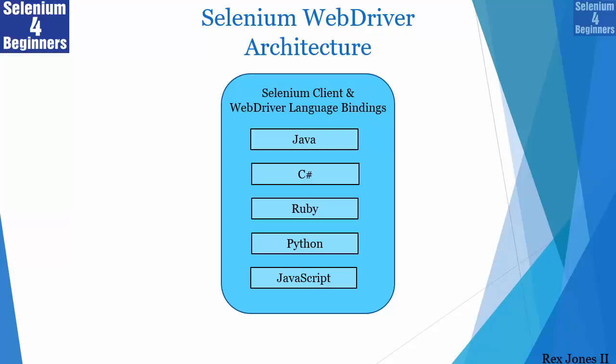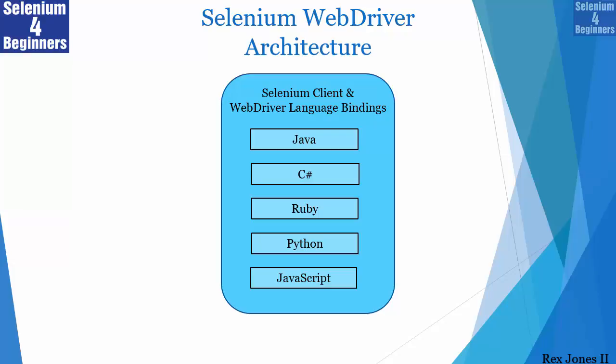The first component has 2 parts. Selenium Client is one part, and WebDriver language bindings is the other part. Selenium Client is responsible for sending out a request to perform a Selenium command. The WebDriver language bindings is a code library.